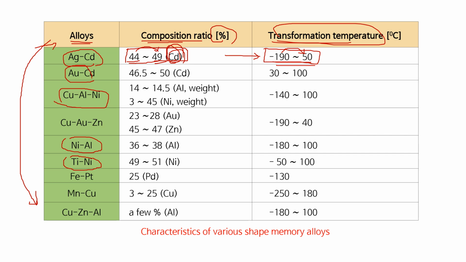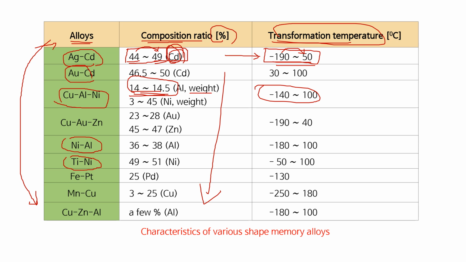So the same behavior can be seen for other alloys. If you change a very small amount of a component material, then you can see a very large change in the transformation temperature.